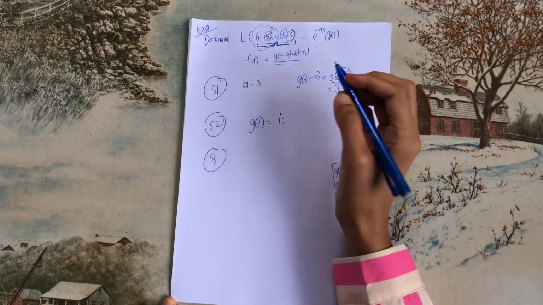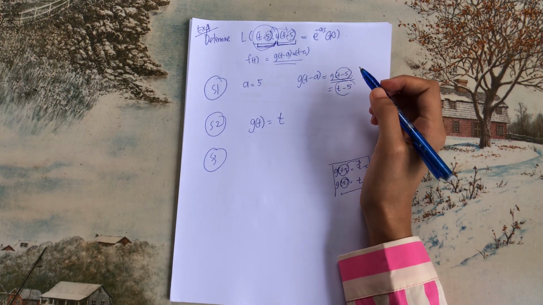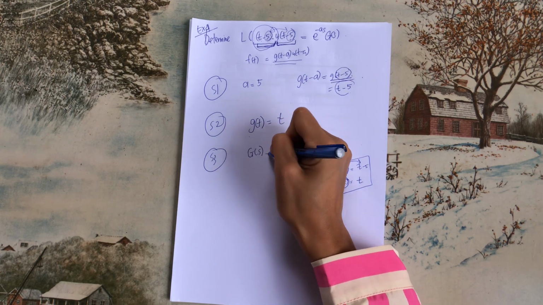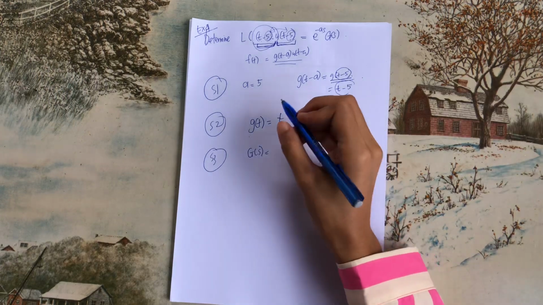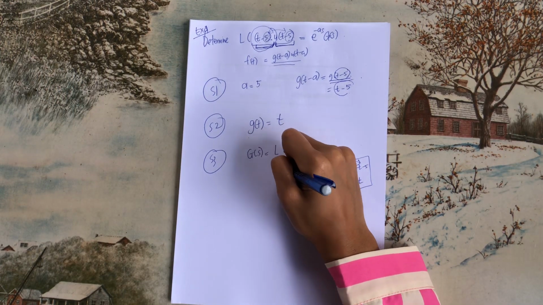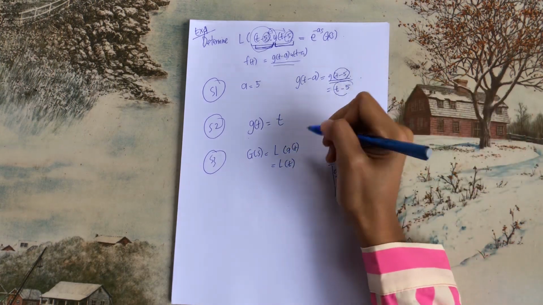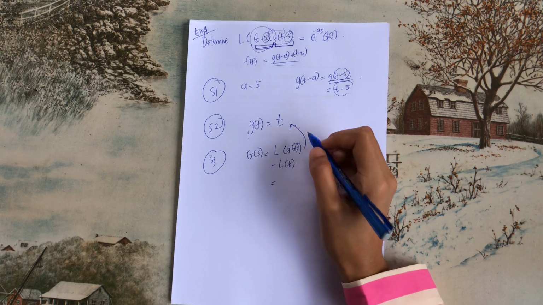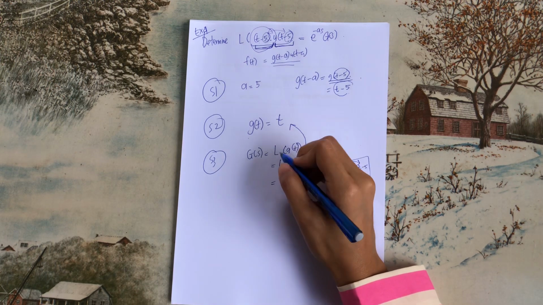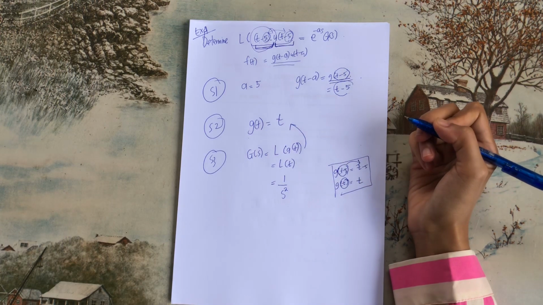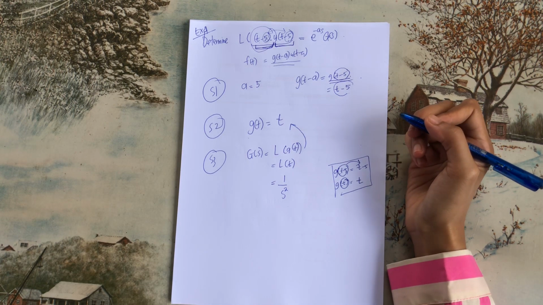Step number 3, we want to find G(s). To get G(s), you need to find the Laplace transform of g(t), and your g(t) is t. By using the table, you can get the answer directly: it's 1 over s squared. You can double check with your table.